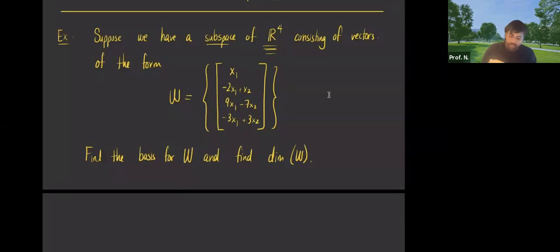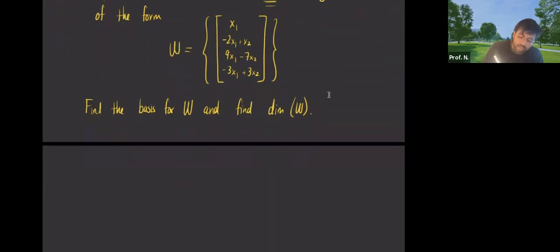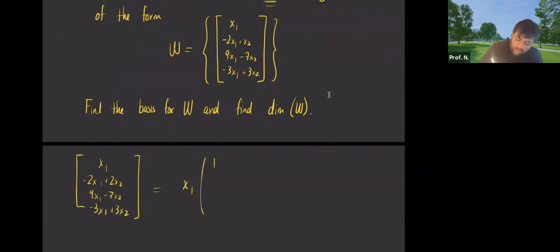Well, it's very straightforward, actually. If you look at the vector here, an arbitrary vector in R4 that's in this subspace, I can rewrite this as the following: x1 times (1, -2, 9, -3) plus x2 times (0, 2, -7, 3).